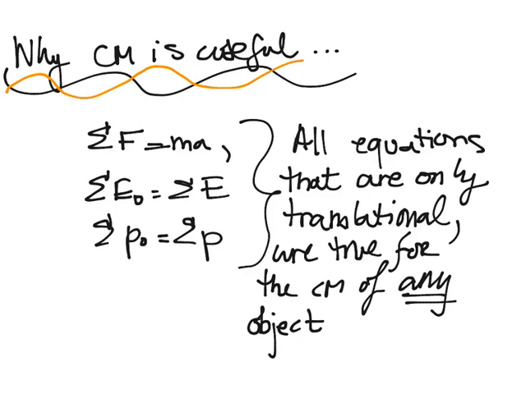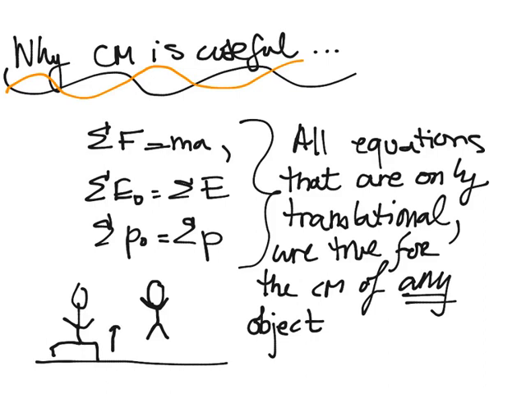And that includes any object that's being deformed. So if you were to jump off of the floor, probably you start out with your knees bent, and then you jump off, and this is the floor, and you jump up to a certain height, and then you come back down, and you land with your knees bent.